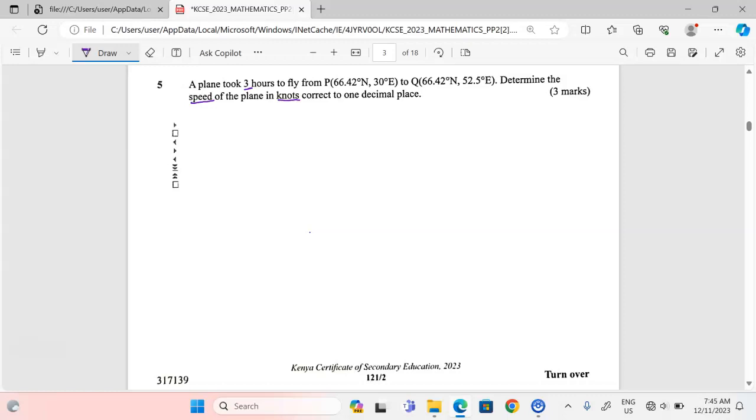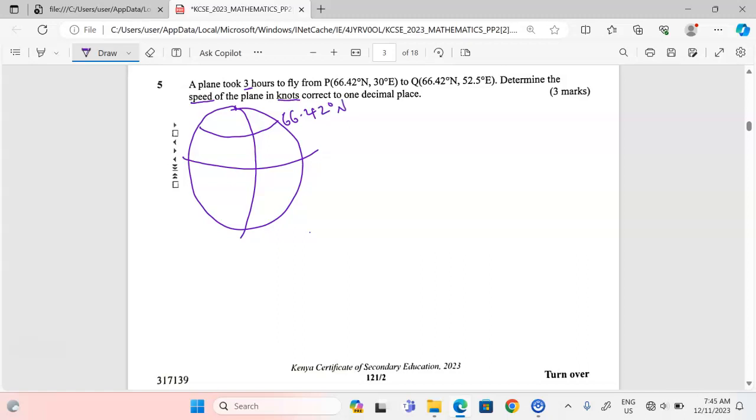Let me first of all check the kind of distances between P and Q. Remember, if we have to look at the geographical locations, this is our prime meridian, this is our equator. Now the two places are lying on the northern hemisphere at a latitude equal to 66.42 degrees north.